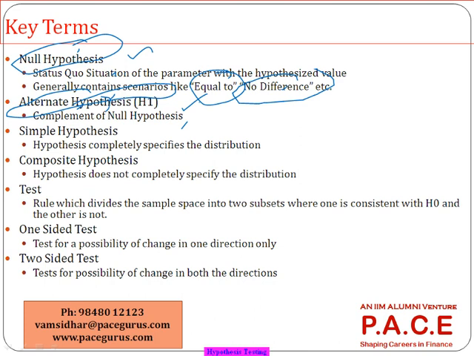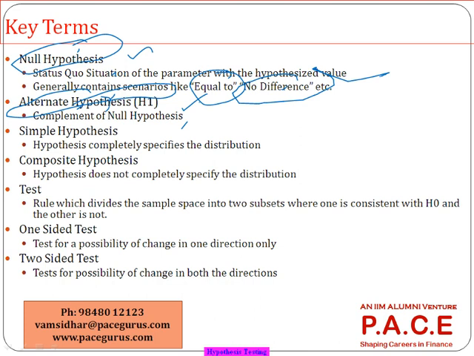By default, it is assumed that the null hypothesis contains the status quo with the hypothesized value, which is the equality with the hypothesized value. It's up to the statistical analyst to pick up the data and prove with strong evidence that there is a significant deviation from the hypothesized value, and it is better to reject the initial premise or the null hypothesis.